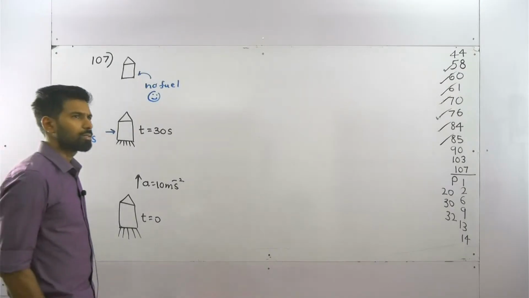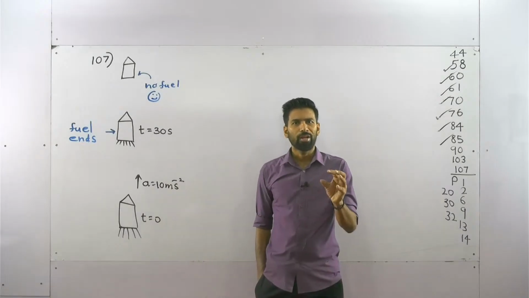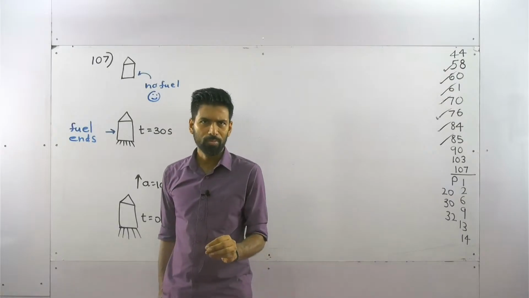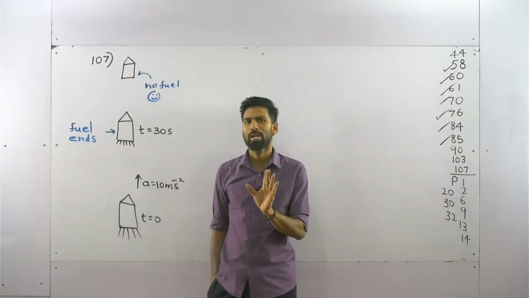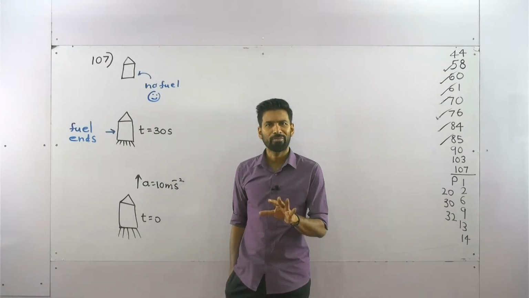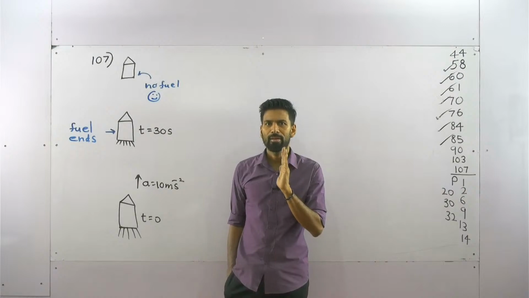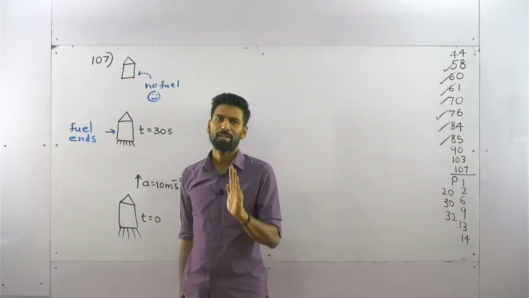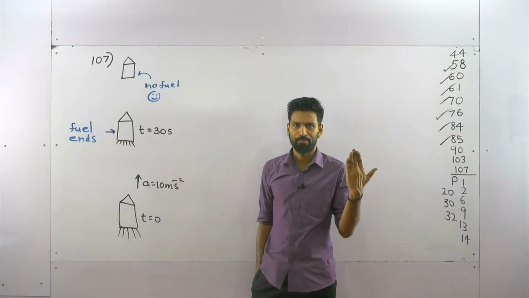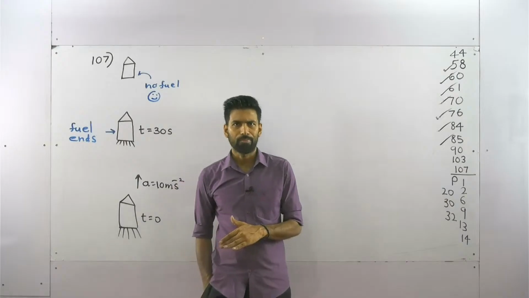Now here, what is the situation? When a stone-like object is projected from the ground, it doesn't have an engine. There's no mechanism to burn fuel and activate a force that can accelerate the object. When we take a stone, we just throw it upward, and from the beginning it is under motion under gravity.